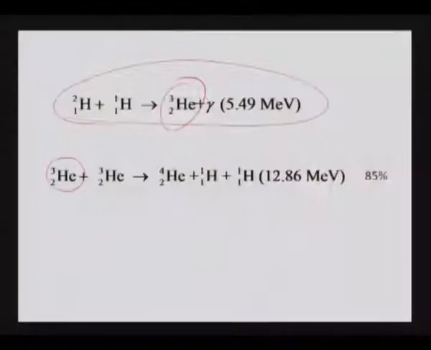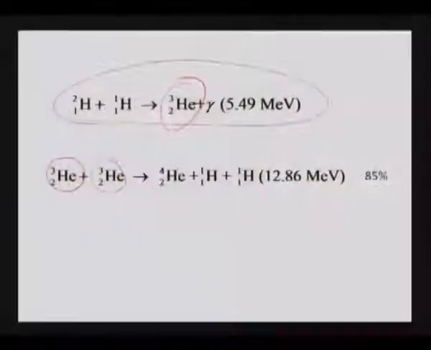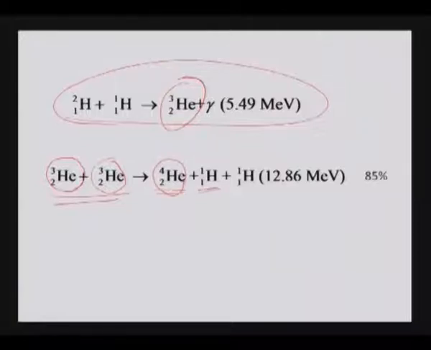One is this: it has to wait for another 3He to appear on the scene. One 3He nucleus is formed and wanders with thermal motion here and there, and then some other 3He is formed, and these two helium nuclei, each with 2 protons and 1 neutron, combine together, and that reaction gives you an alpha particle, a helium nucleus, plus 2 protons.